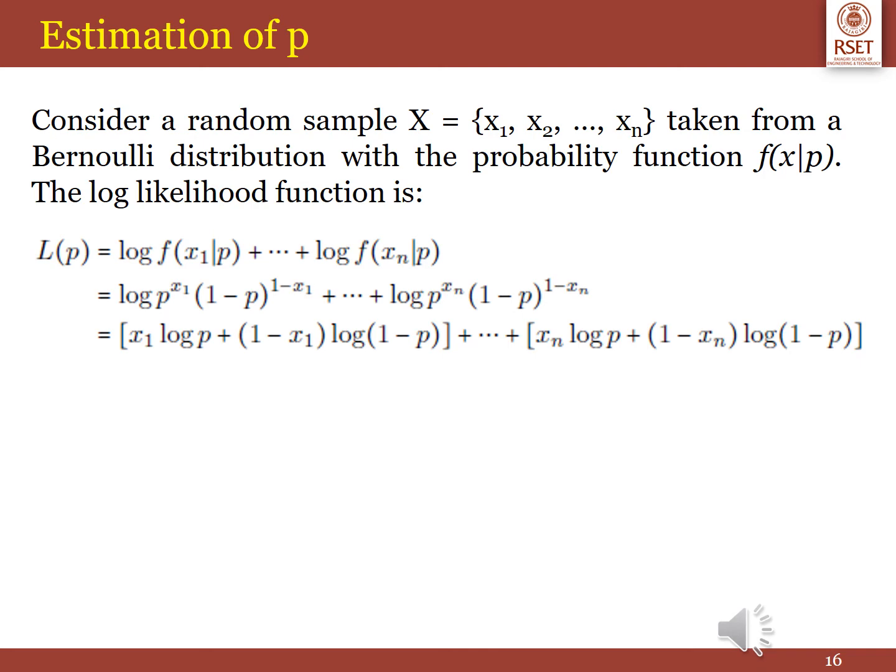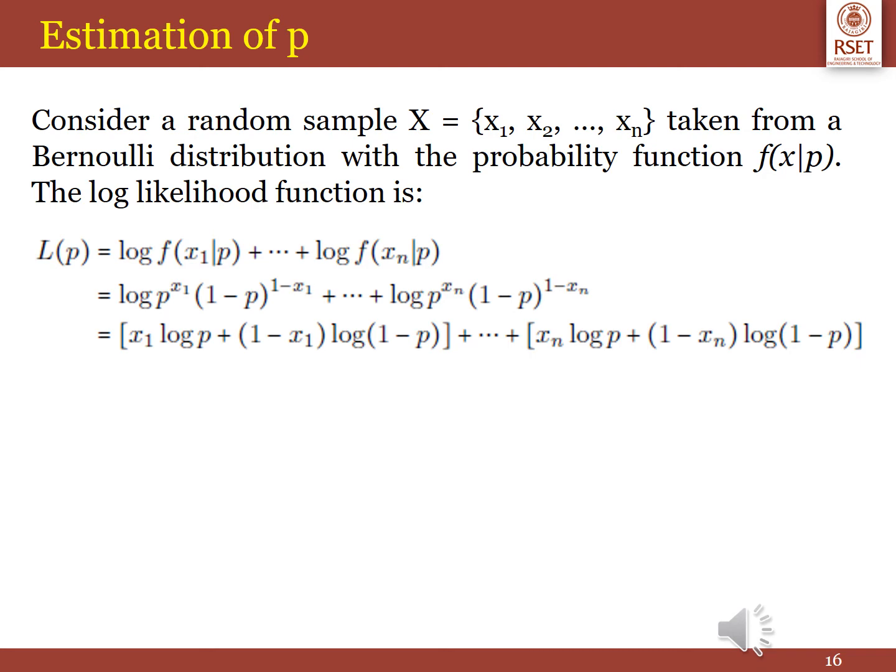By substituting the value for f of x1 given p, we can write it as log of p raised to x1 into 1 minus p whole raised to 1 minus x1 plus log of p raised to x2 into 1 minus p whole raised to 1 minus x2, etc. up to log of p raised to xn into 1 minus p whole raised to 1 minus xn.